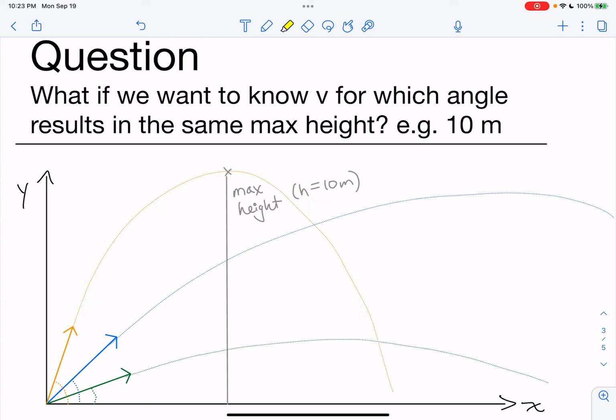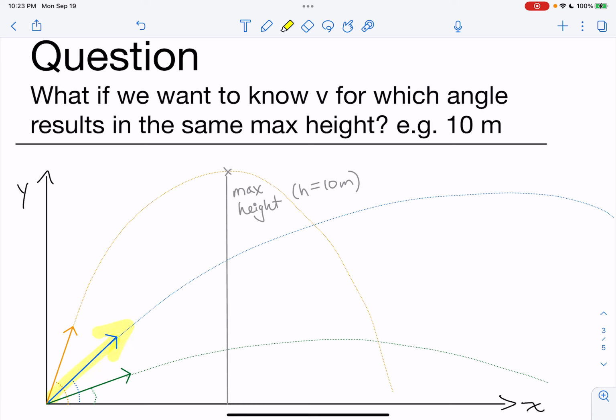Let's say the 75 degree case gives us a maximum height of 10 meters, and we want to know what launch speed will enable me to reach that same height at 45 degrees or at 30 degrees?